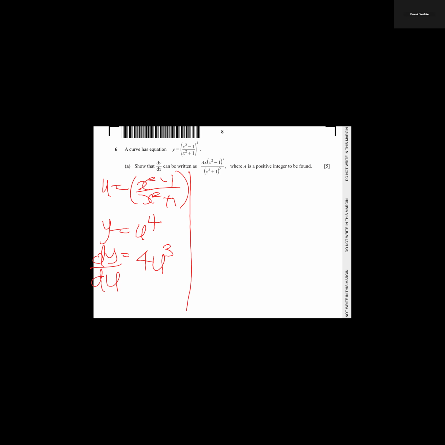Now, let's look at du/dx. I'm going to see u as (x squared minus 1) times (x squared plus 1) to the power negative 1.